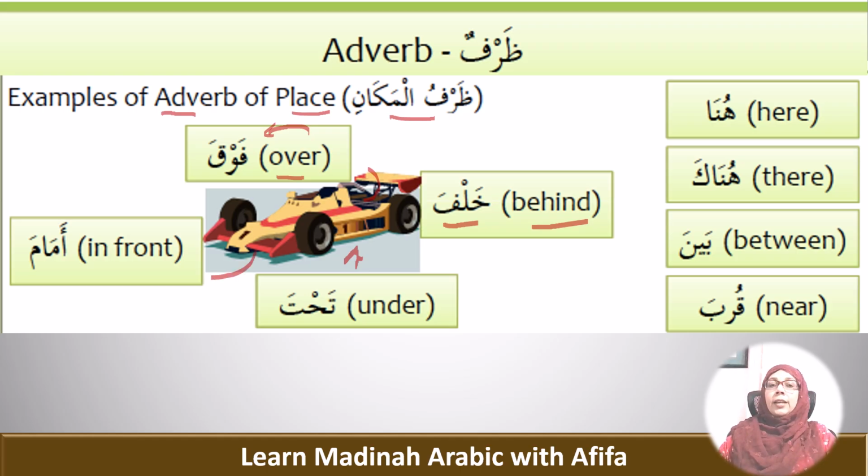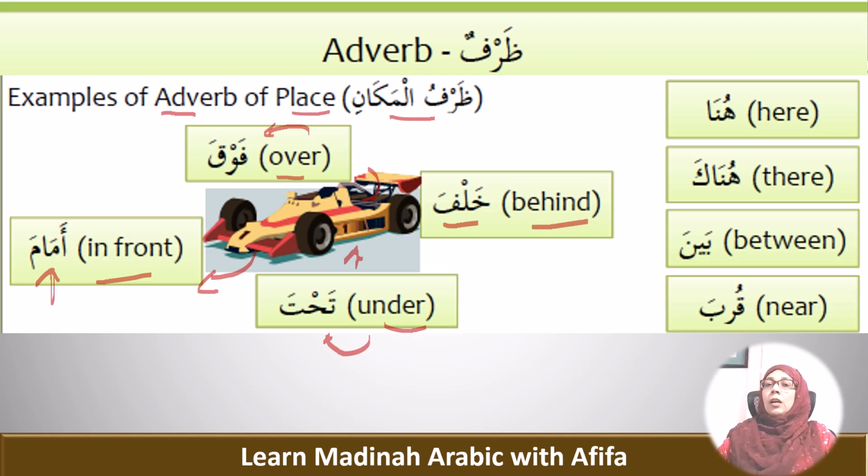And if we look at in front of the car, again we're denoting place in front, which in Arabic we say amama. And then if we're looking at under the car, under in Arabic is tahta. So all of these are examples of adverbs of place because they denote a place.